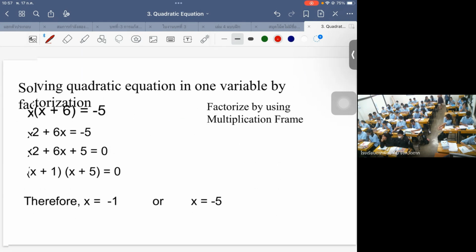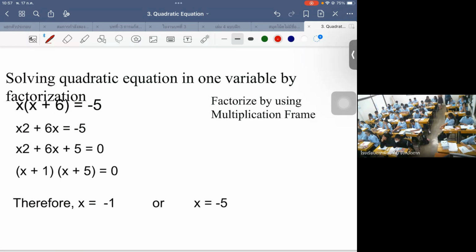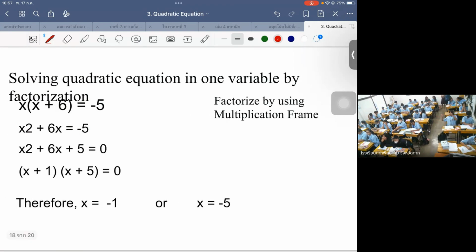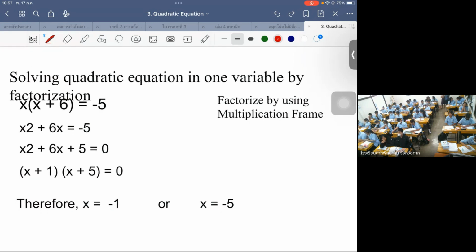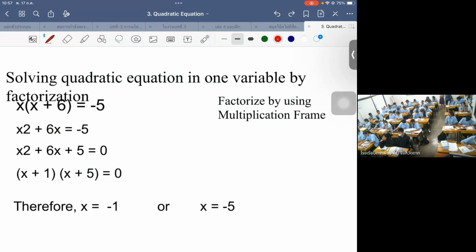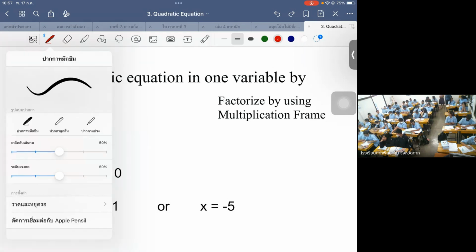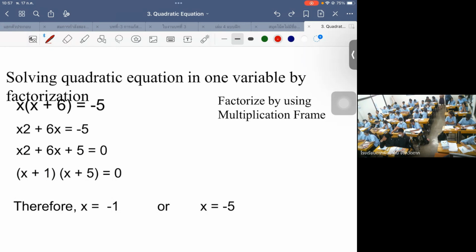So, this is multiplication frame. For example, we have x squared plus 6x is equal to negative 5. Now, again, we follow the standard form, right?